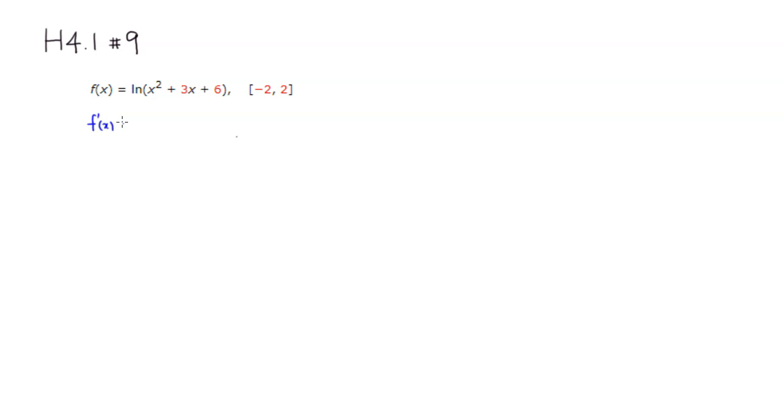So f prime of x is equal to, remember that whenever we take the derivative of the natural log of some function, say g of x, all you have to do is put whatever you have inside the natural log as a denominator, and take the derivative of that and put it on top.